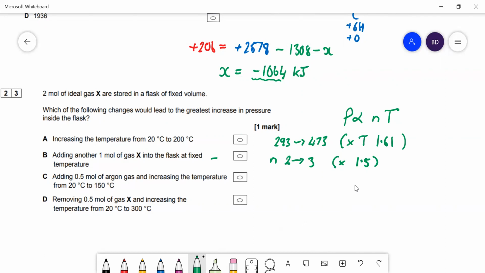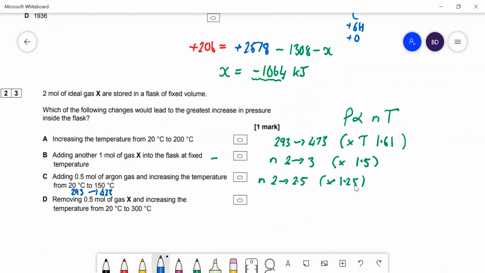Then it gets more complicated. So we've added moles, n has gone from 2 to 2.5. So that has gone up by a factor of 1.25. But then the temperature has gone from 293 up to 423.